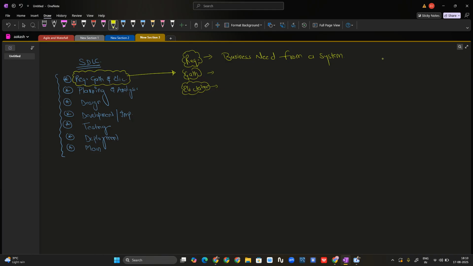The requirement from the client side. But how the login page looks, what the inputs on the login page are, that is the elicitation. Elicitation simply means asking the right questions of the stakeholder, so that we can implement each and every requirement according to the client's needs. This is known as elicitation.